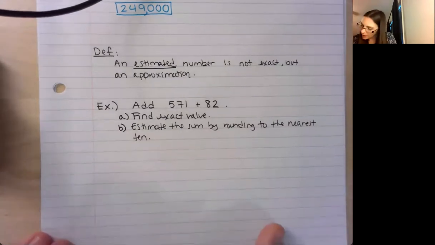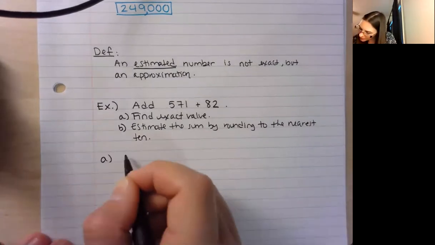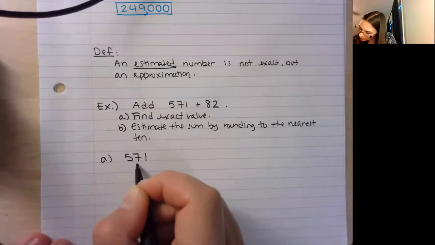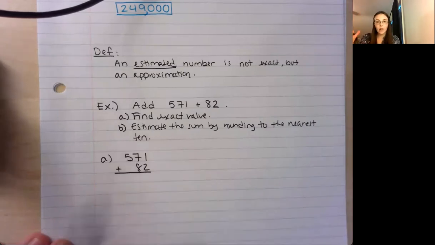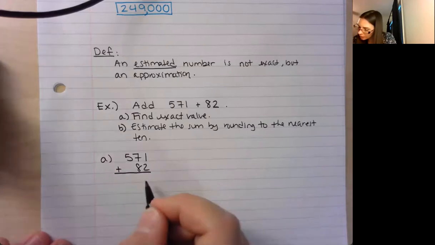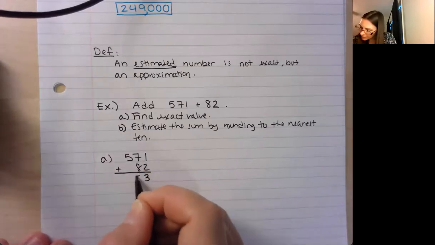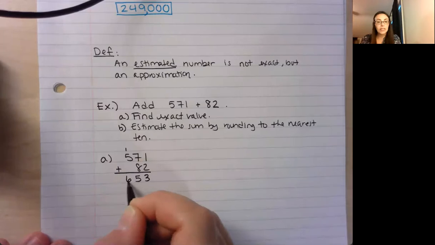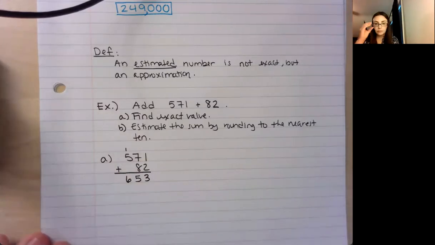So let's find the exact value first. So I'm going to take 571 and 82. I'm going to go ahead and add these, again lining up my columns here. So I get 3. Here I have 15, carry the 1, and I have 6. So 653.